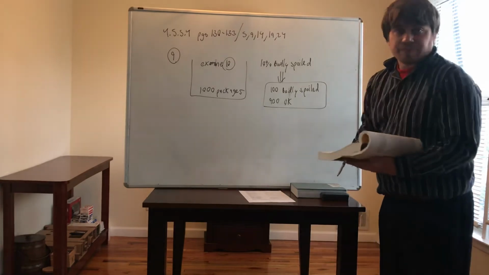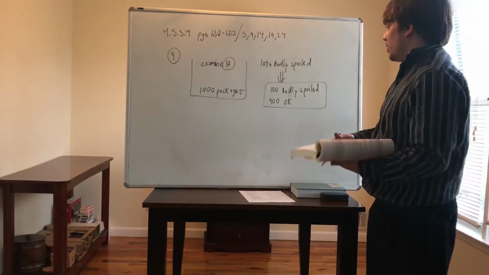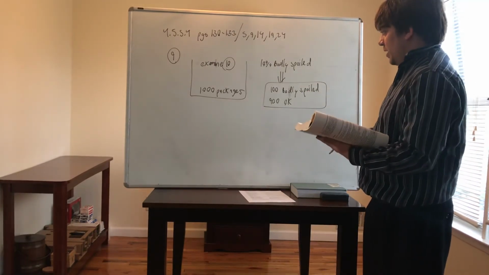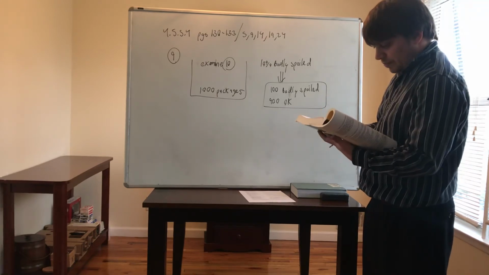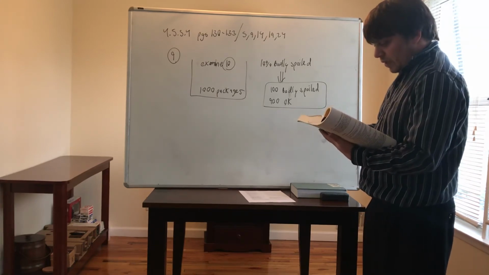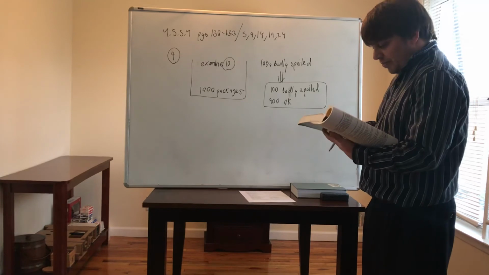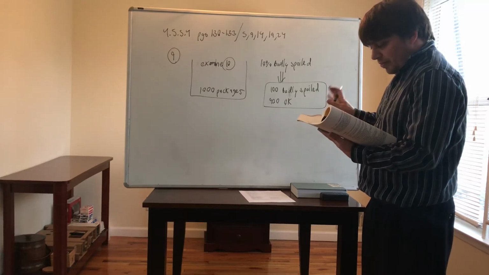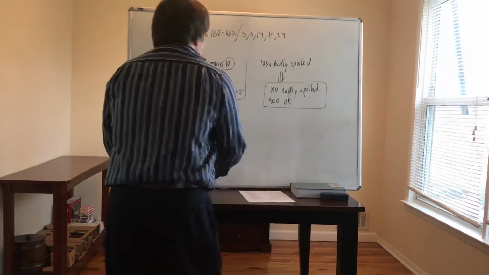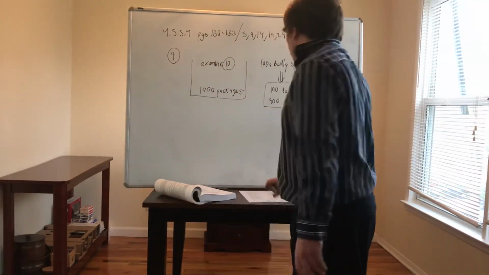So all 10 have to be approved, even though 10% are badly spoiled.